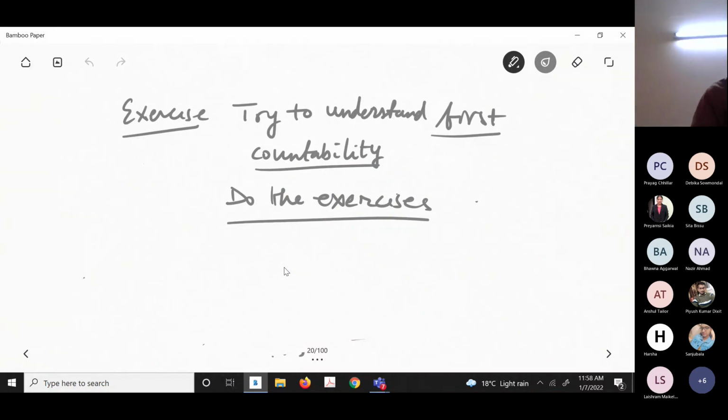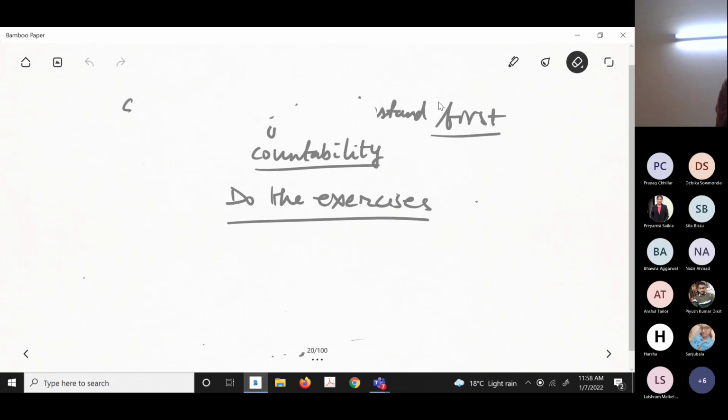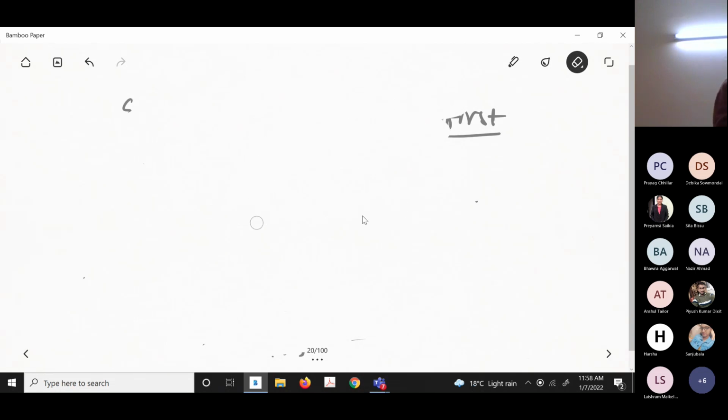Okay, I want to continue first countability. So first let me give the formal definition of first countability again.